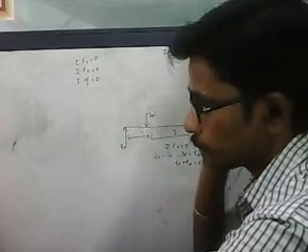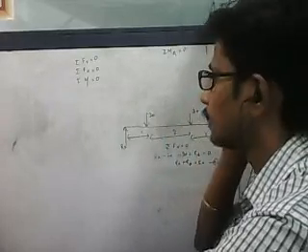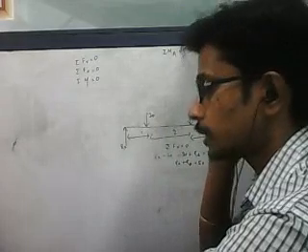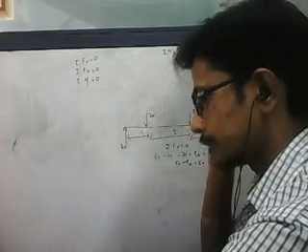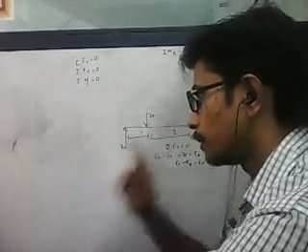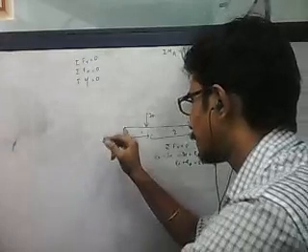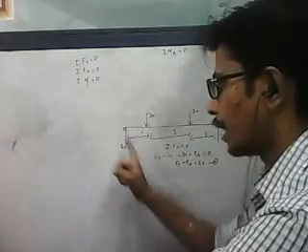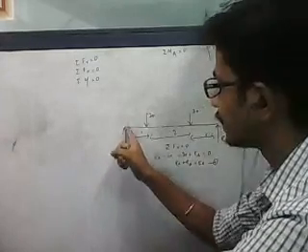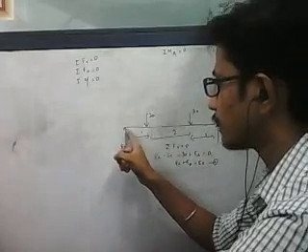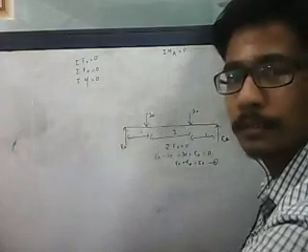What I told you in the last class is that moment is equal to force into perpendicular distance. Remember? Ra is applying at this point, so it does not contain any perpendicular distance.